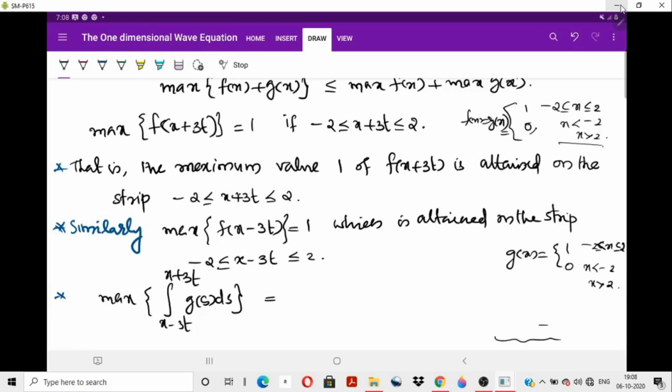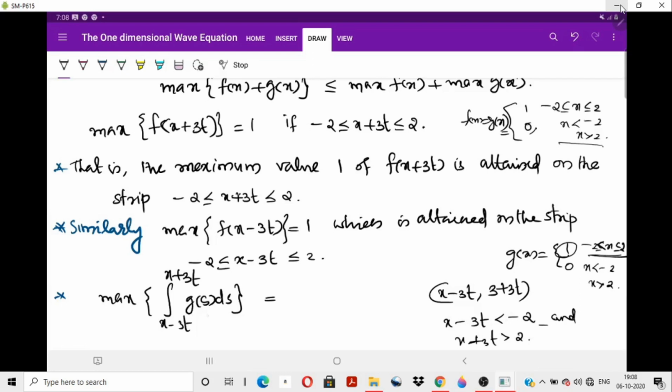So in the integral from x minus 3t to x plus 3t of g of s ds, g will take its maximum value 1 in this interval only if x minus 3t is less than minus 2, and x plus 3t is greater than 2. Then only it will contain the interval minus 2 to 2.